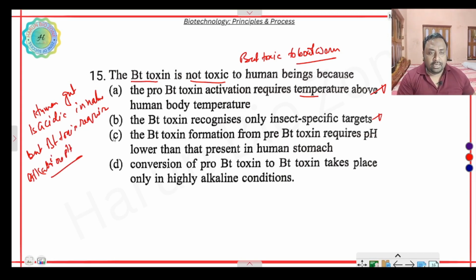So here the correct option is conversion of pro-Bt toxin to Bt toxin takes place only in highly alkaline condition. This condition occurs in the stomach of bollworm. So Bt toxin produces a Cry protein in alkaline condition, and the Cry protein forms a pore in the small intestine. So the bollworm dies.